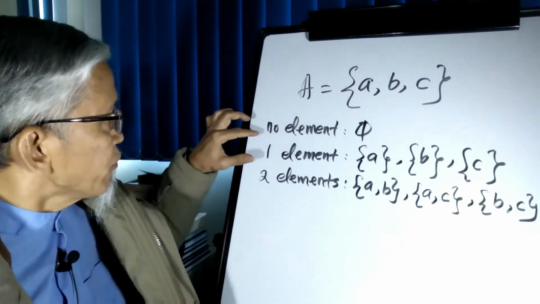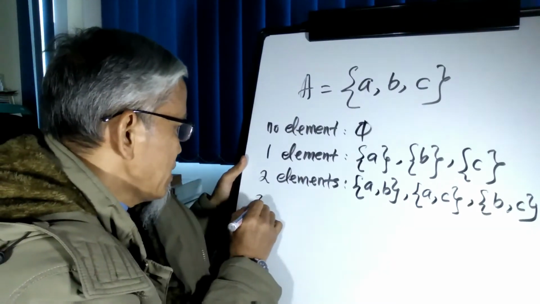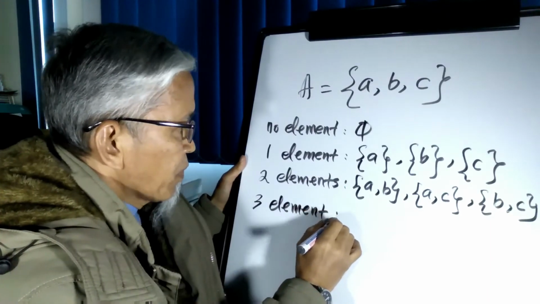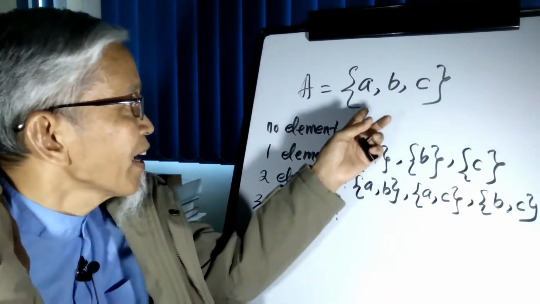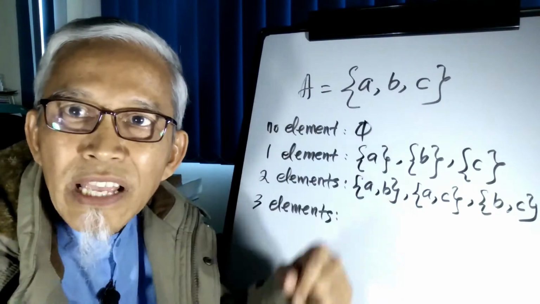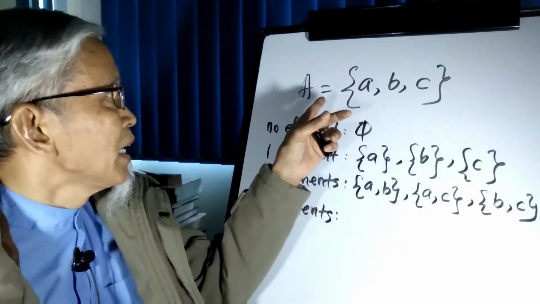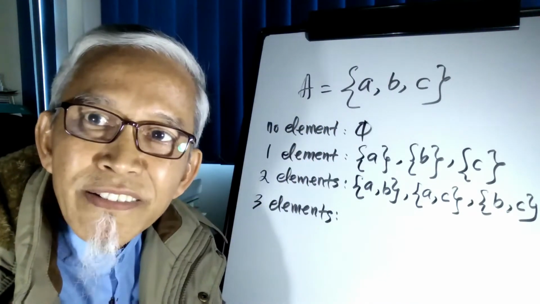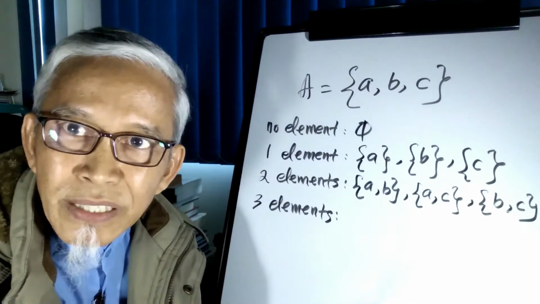Do we have a subset of A with 3 elements? Yes, that is set A itself. Remember last time we also talked about a set being a subset of itself.